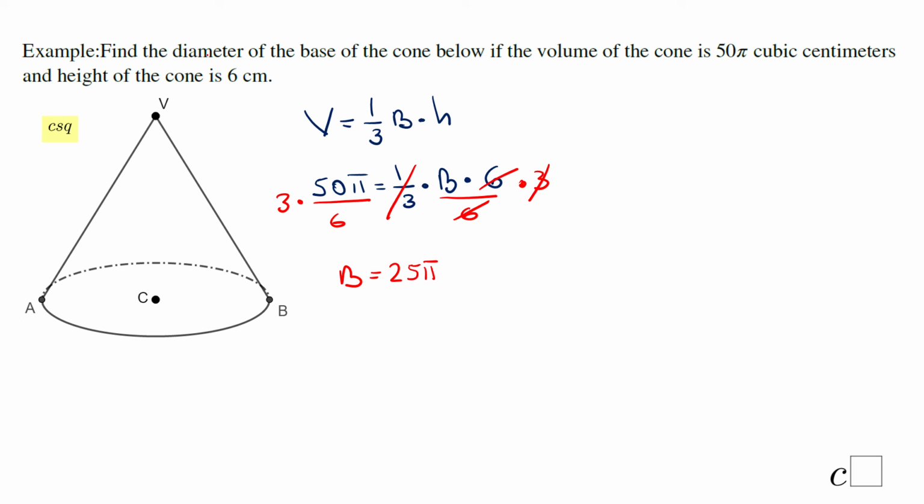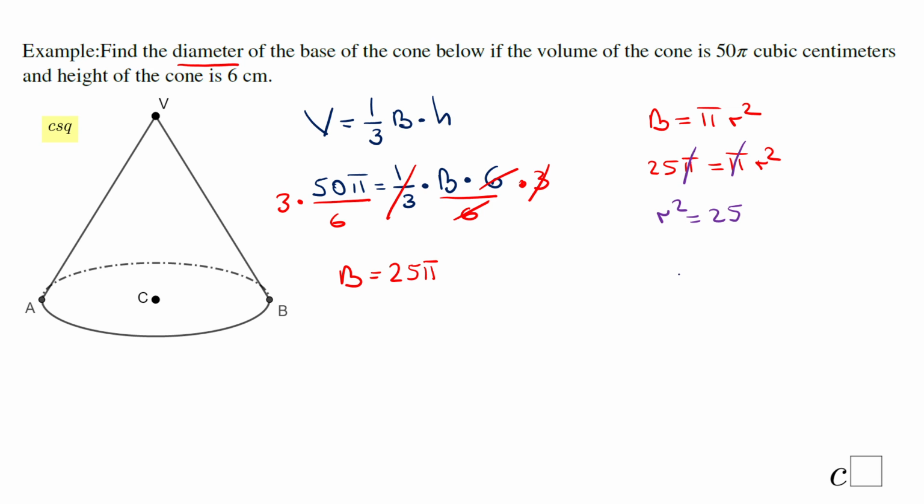Well, of course, we don't need that, we need a diameter. So for that reason, we're going to need to do a couple more steps. First of all, remember, the base is a circle, pi r squared. And the base is 25 pi. We found it. And that's the reason I said leave the pi there, because now we can do this simplification. You can simplify this pi like this or divide by pi if you want, and you have r squared equals 25.